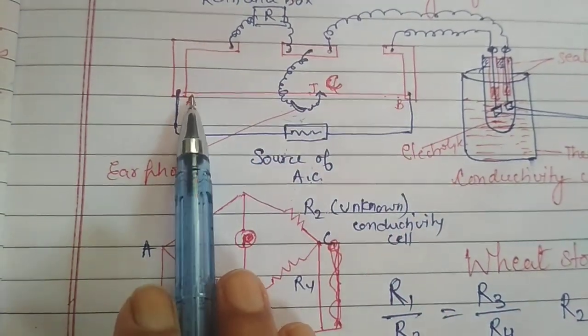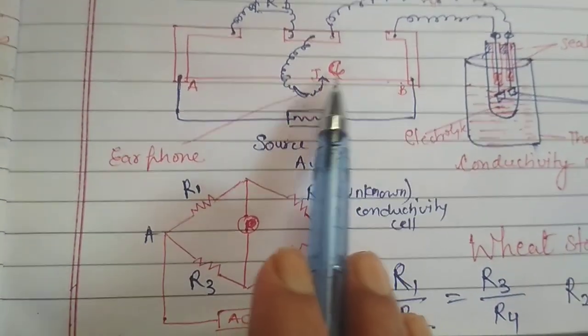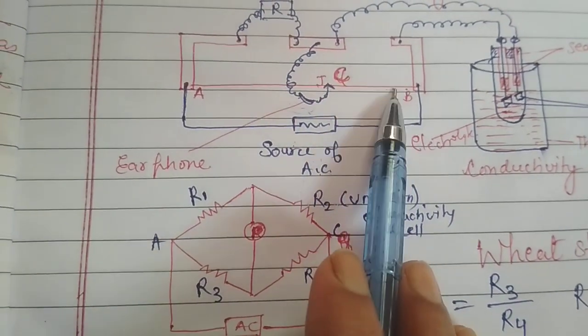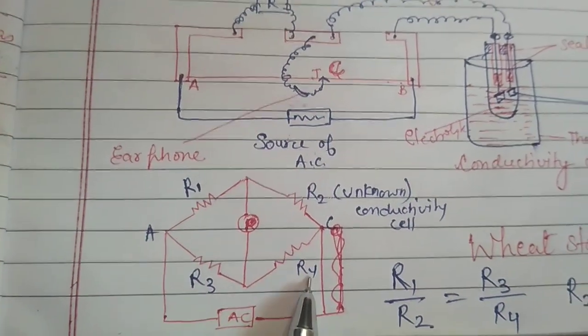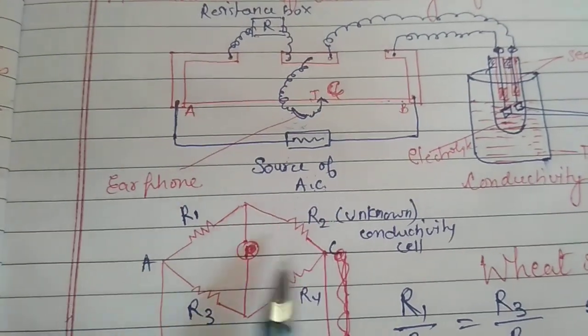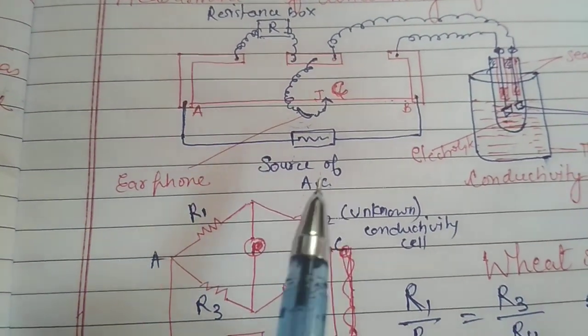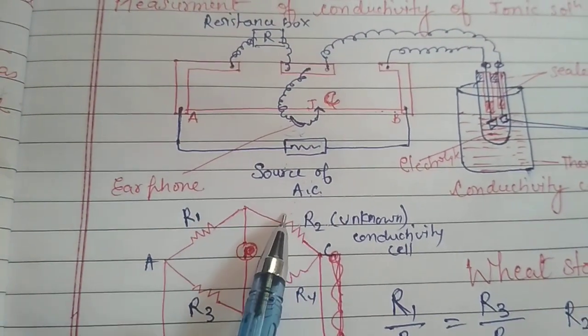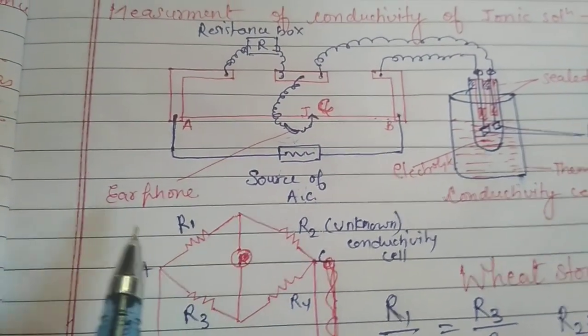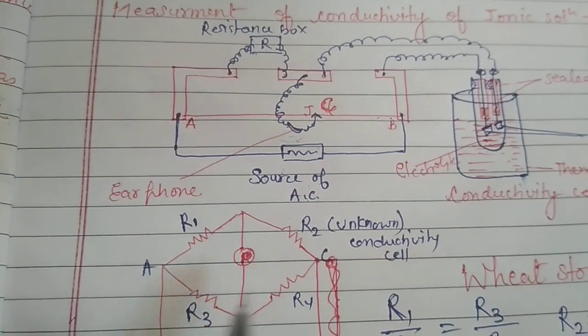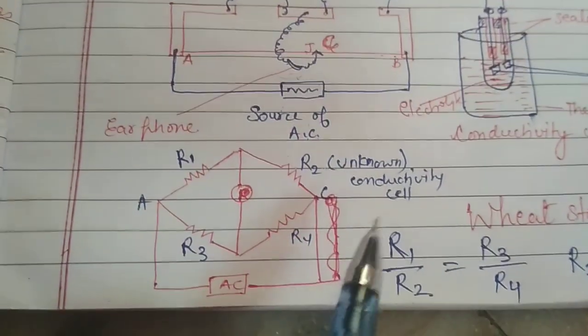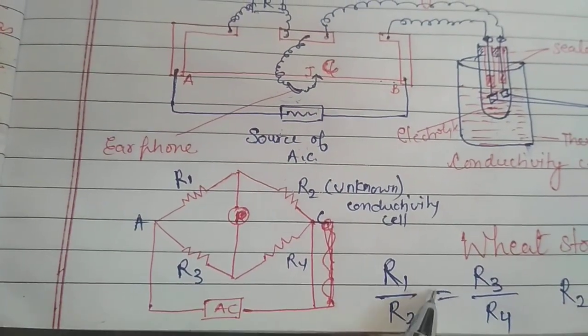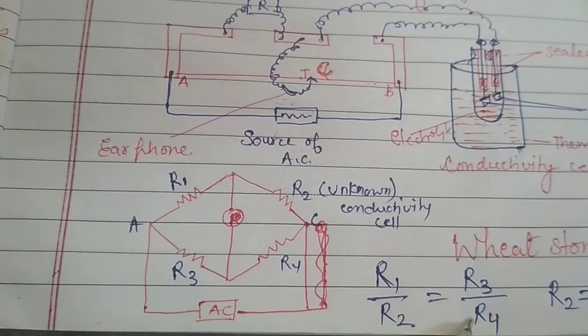We may say the length of AC and length of CB or BC would be the values of R3 and R4. So we are to take in the lab different readings, and we will find out the value of R2 at different values of R1, R3 and R4. So we are having the formula as R1 upon R2 equal to R3 upon R4.